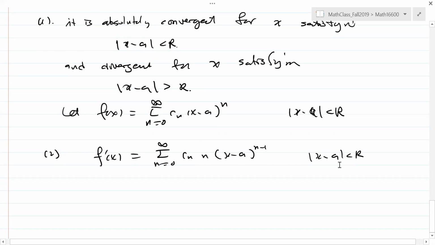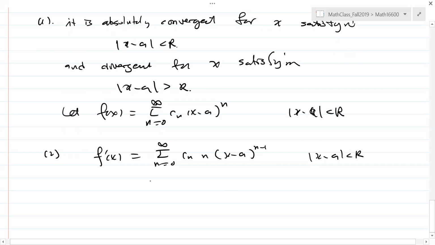More important, this indicates that the power series on the right-hand side has the same radius of convergence as the original. Second, this series is going to be the derivative of the function defined by the original series.